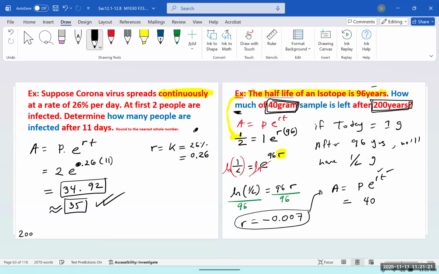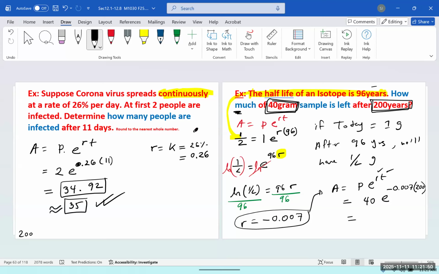So today we have 40 grams, we are decaying at a rate of 0.007, and we are waiting 200 years. So how much of this 40 grams will remain?